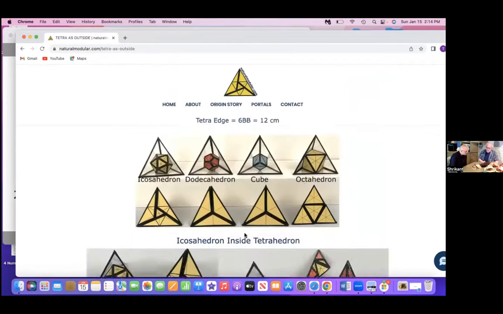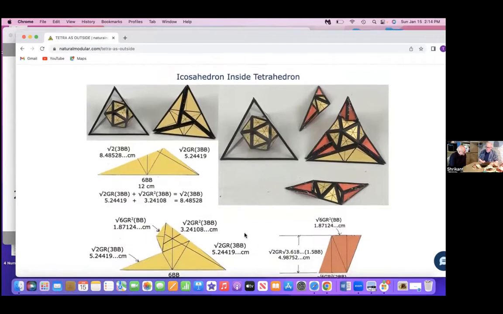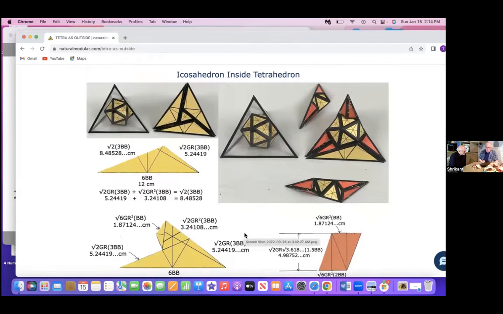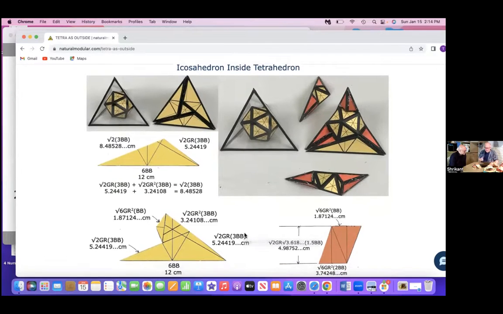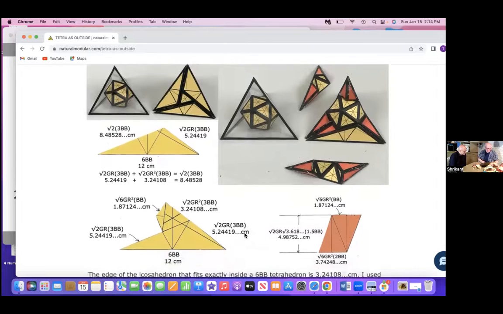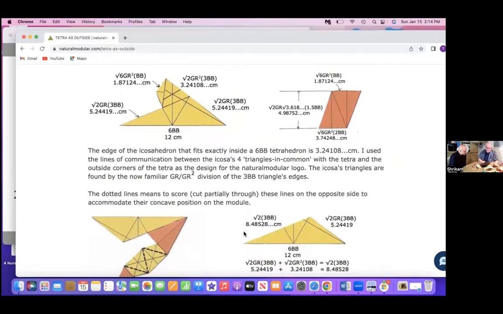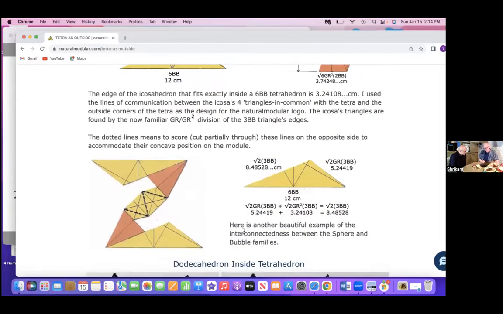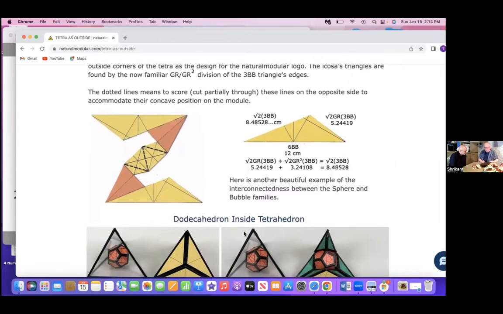Now the tetrahedron, I think it's really beautiful. And it shoots out of the center. Wow. And there's just this beautiful interconnectedness. And there's the layout. I mean, the dotted line always means that you score that, because these fold that way, these fold this way.